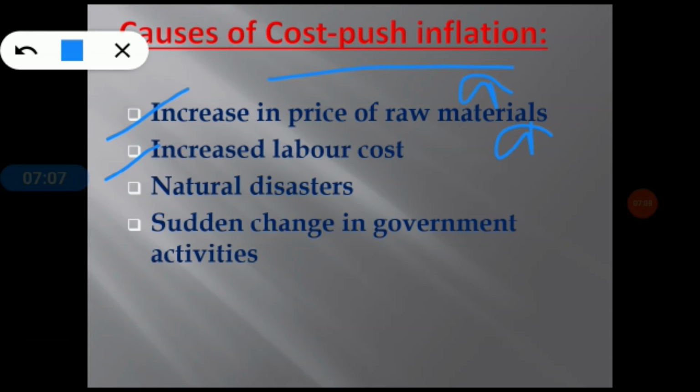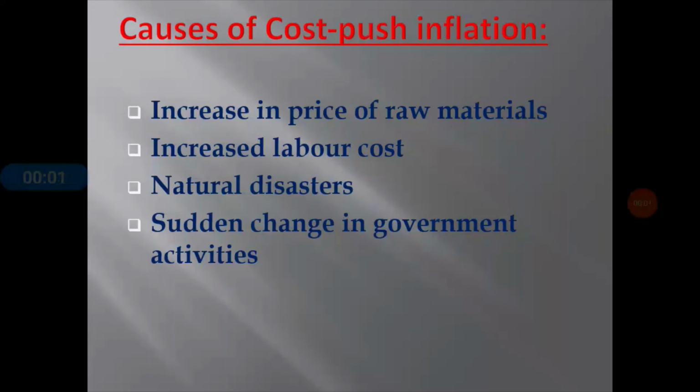Now going to the second point, that is increased labor cost. We have already explained it. Labor cost and the price of raw materials are all included in the cost of production. So when labor cost increases, the price of the product will increase, and that indicates cost push inflation. Now the third point is natural disasters.